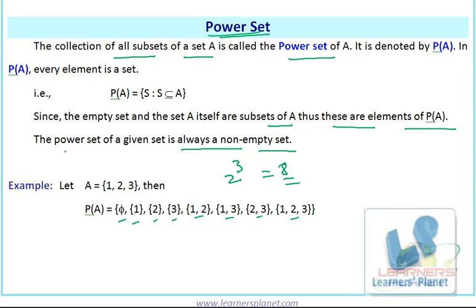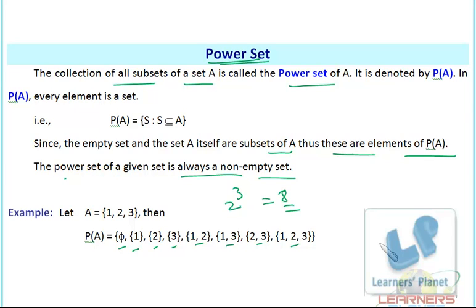It cannot be an empty set, it will always be a non-empty set. So you should not be confused between universal set and power set. Universal set is the master set of all the sets, and power set is actually the master set of all the subsets.